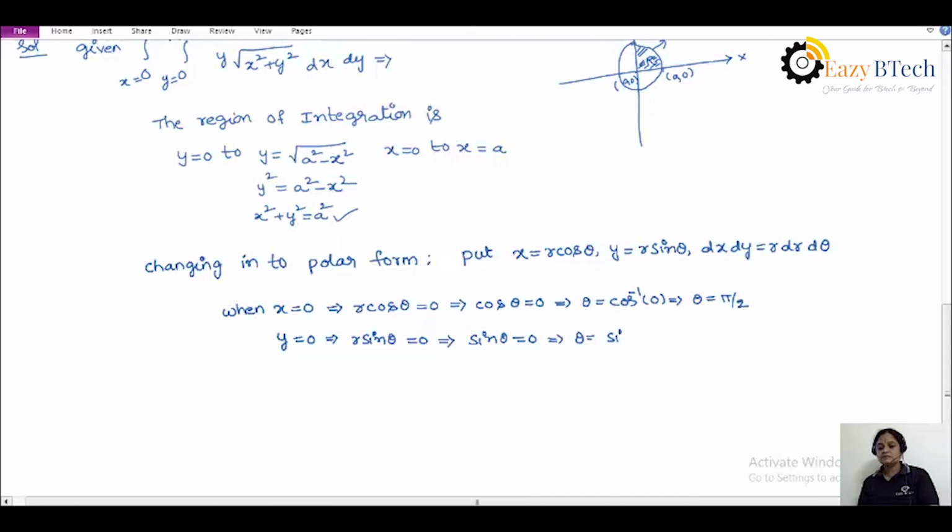Theta is equal to sin inverse 0, and theta is equal to 0. So these are the theta limits here. Theta is equal to 0 to theta is equal to pi by 2.